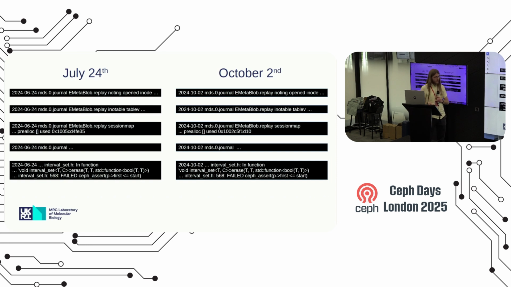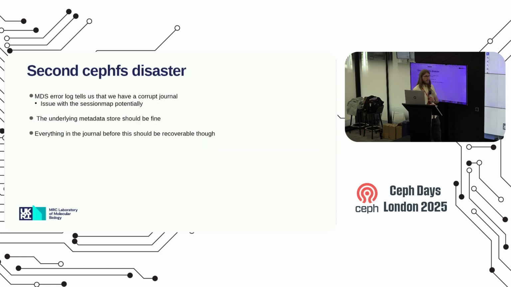So if we do our analysis of this and think about it in terms of how we thought about our July log, we know that we've got a corrupt journal where it's probably an issue with our session map, but the underlying metadata pool is probably fine.